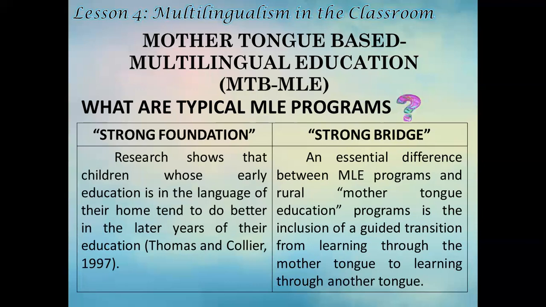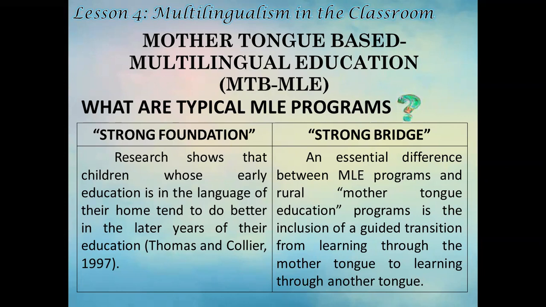So, ganun din po yung ginagawa ng multilingual education, which is an essential difference between MLE programs and rural mother tongue education programs is the inclusion of a guided transition from learning through the mother tongue to learning through another tongue. So, ito yung sinasabi ko sa inyo.